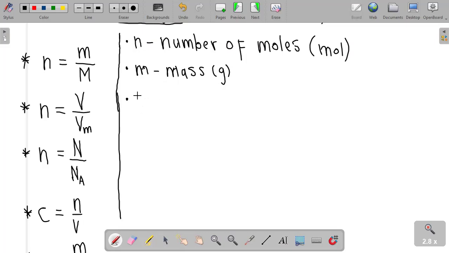And then we have a capital letter M, which is the molar mass. Molar mass, and the unit is grams per mole.